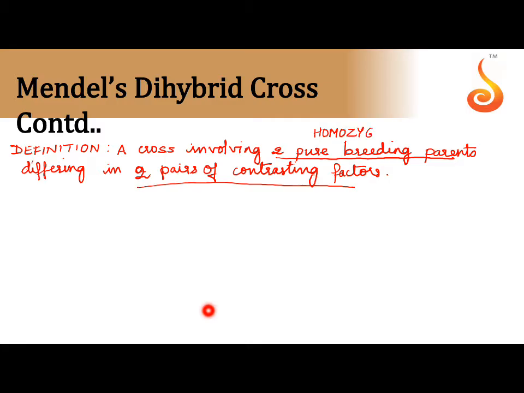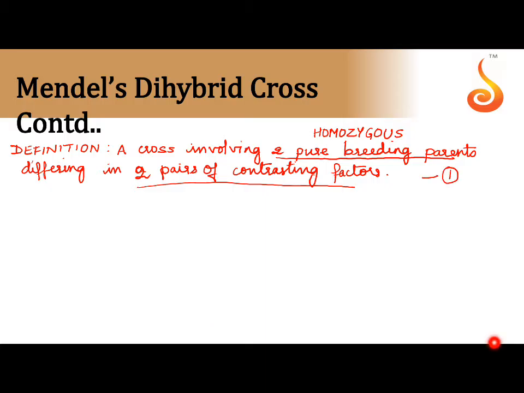What do you have as homozygous condition? When you have two same type of genes being present, say for example capital R signifying a round factor. And when we are saying two contrasting factors, we are considering two different characteristic features. Let's see how we do, and before that this itself carries 1 mark.